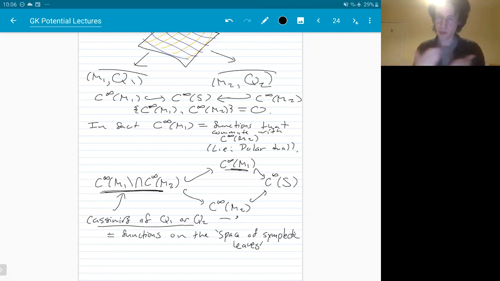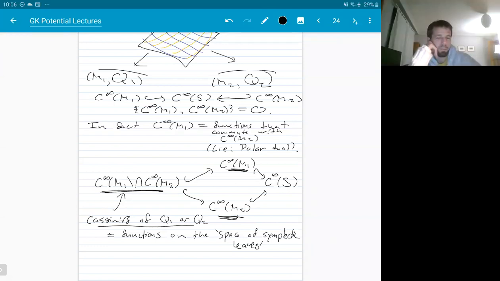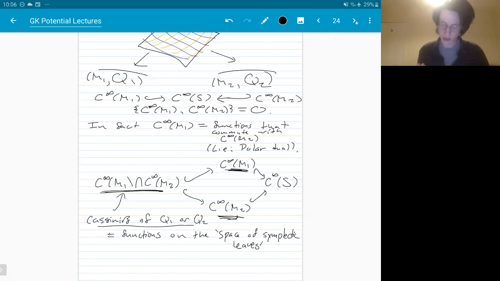But they are actually isomorphic because they both embed inside C infinity of S as the intersection of C infinity of M1 and C infinity of M2. Does that make sense? Yeah, I think so. So if you think about Casimir functions as the functions on the space of symplectic leaves, this is telling you that M1 and M2 have the same space of symplectic leaves.